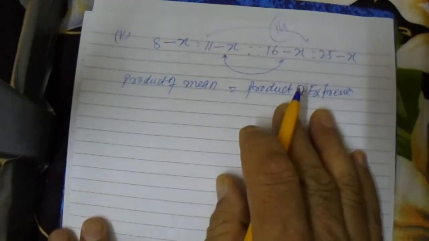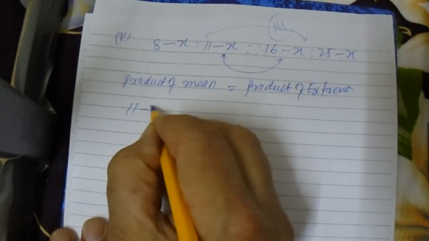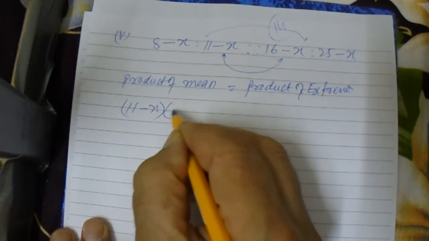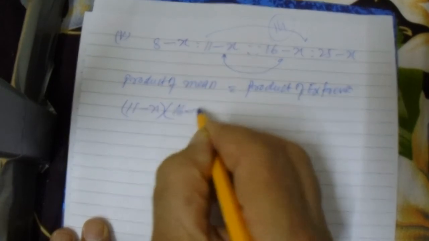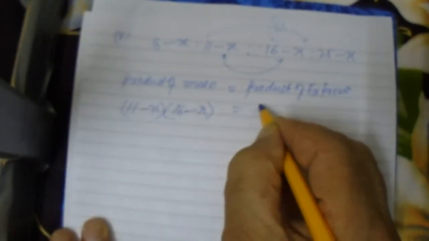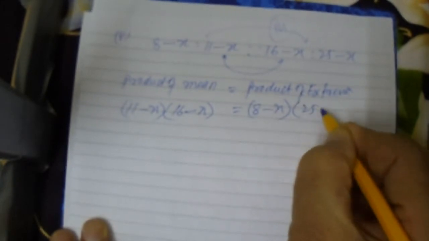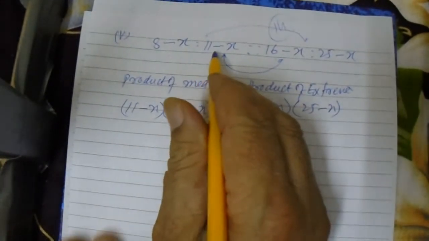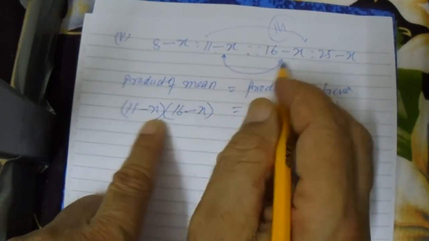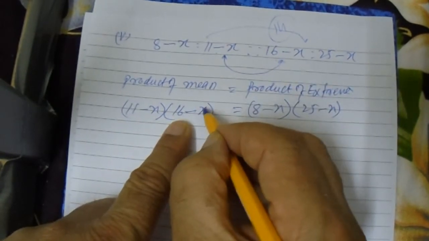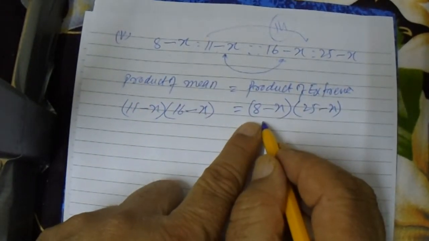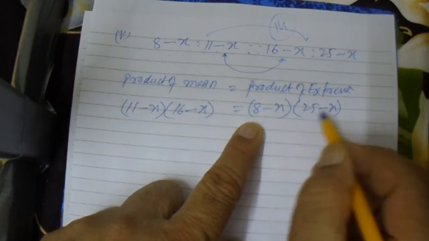Multiply this, 11 minus x multiply 16 minus x is equal to 8 minus x multiplied by 25 minus x. Again we see this 16 minus x and 8 minus x, this is the product of extreme, and 25 minus x.